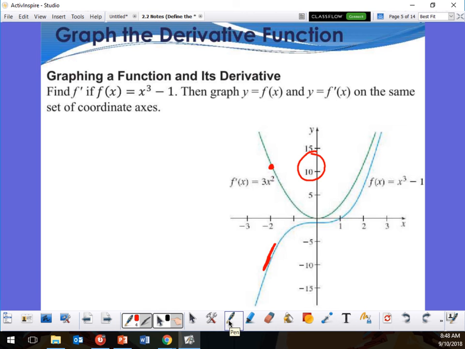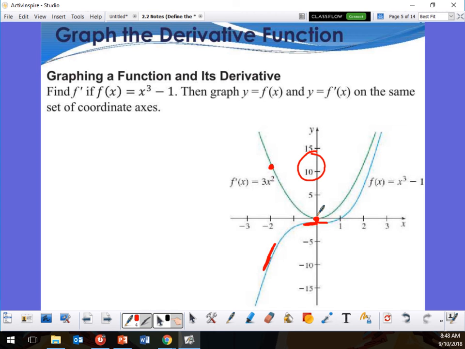Now right here, what's the slope of that line? 0. According to my function right here, the slope is 0. This one right here is not what you think. This is actually the slope at that point. So here the slope is at -2, the slope should be up here, right? At 0, the slope is 0.